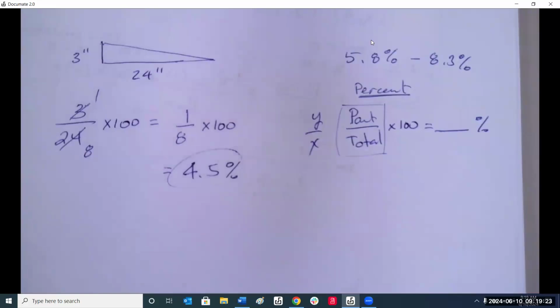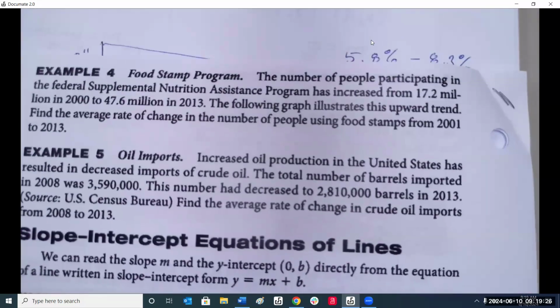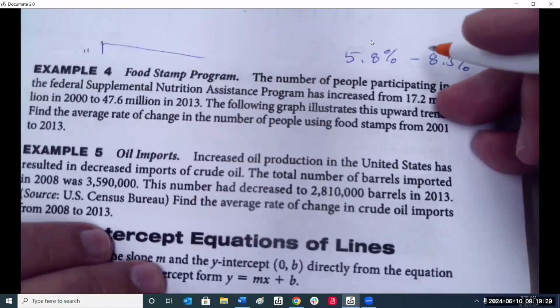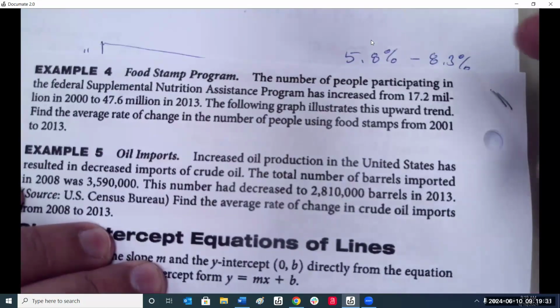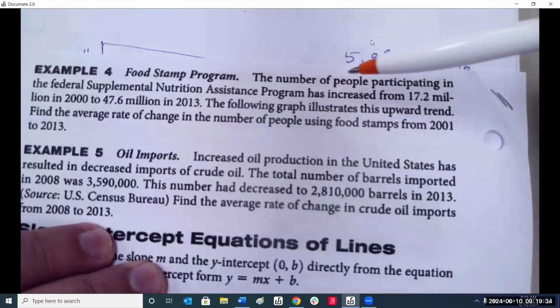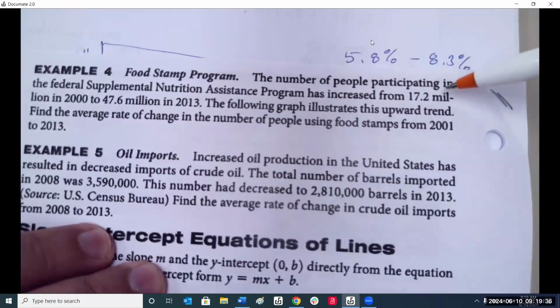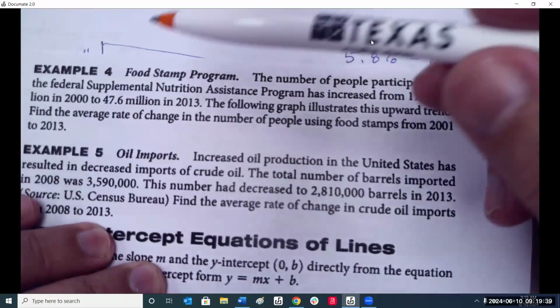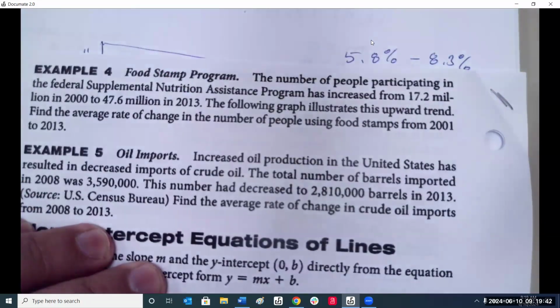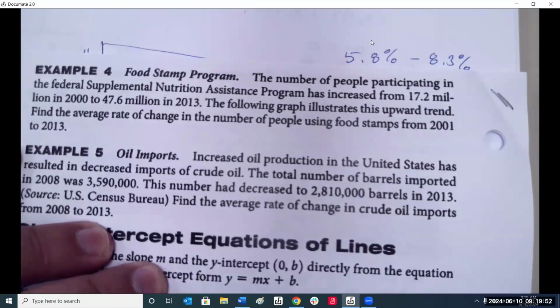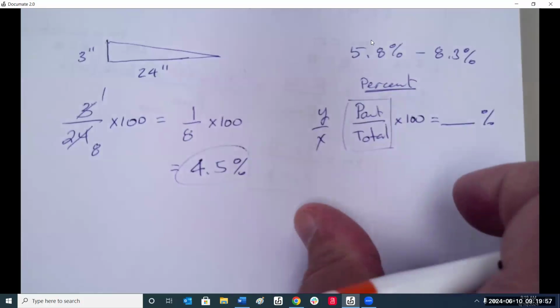All right, let's look at example 4. Food stamp program. The number of people participating in the federal supplemental nutrition assistance program has increased from 17.2 million in 2000 to 47.6 million in 2013. Find the average rate of change of the number of people using food stamps from 2000 to 2013. Let's see what we have here.